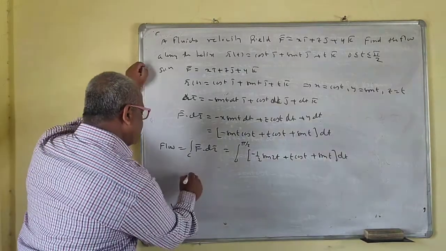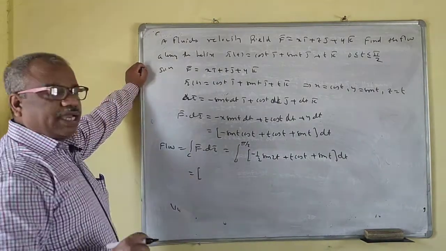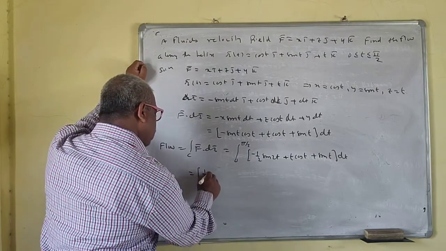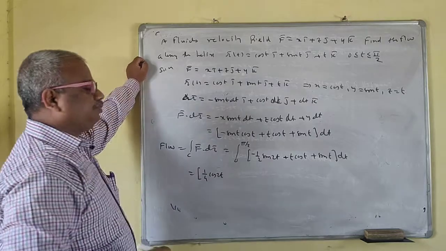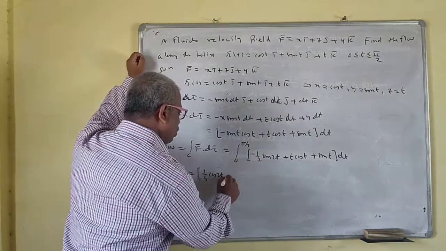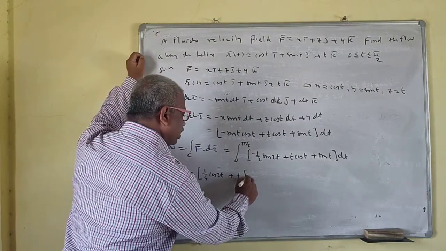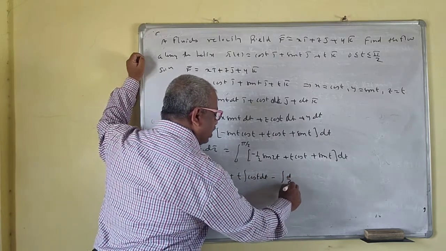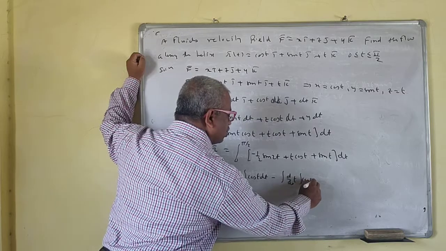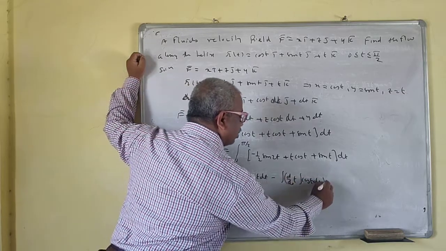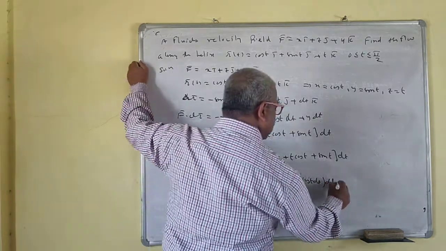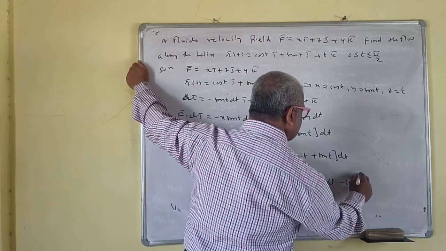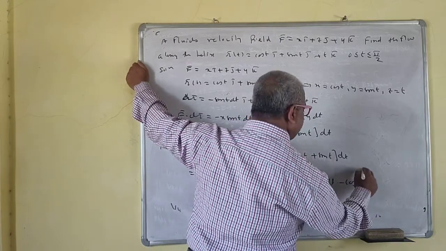Now we'll integrate this first. Integration of sin is minus cos, so this becomes plus 1 by 4 cos 2t. Here we have to use integration by parts: t into integration of cos t dt minus the integral of d by dt of t times integration of cos t dt, plus integration of sin t, which is minus cos t, from 0 to pi by 2.